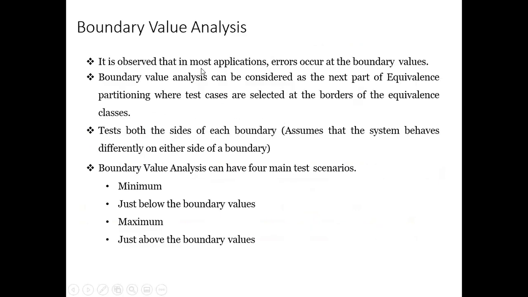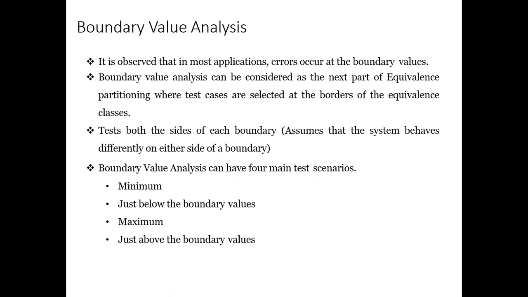It is observed that in most applications, errors occur at the boundary values. Boundary value analysis can be considered as the next part of equivalence partitioning. As I mentioned earlier, these two can be combined together, right? Test cases are selected at the borders of the equivalence classes.